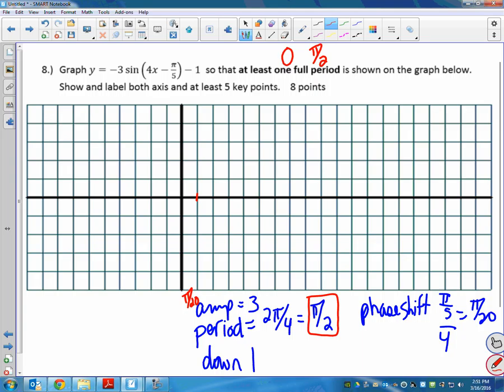But because of the phase shift, this 0, right, is now changed to starting at pi 20ths, and I'm going to end at pi halves plus pi 20ths. So what would that be? 11 pi 20ths? So that would be 10 pi 20ths plus 1 pi 20ths. I would end at 11 pi 20ths.